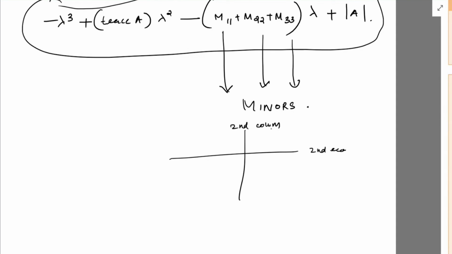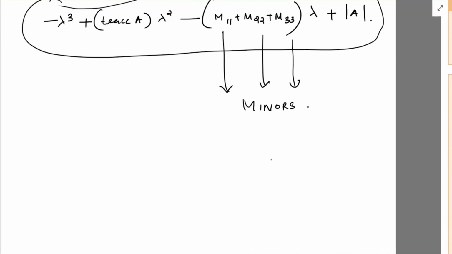Similarly, M33: delete the third row and third column from the given matrix and take the determinant of the remaining elements. That will give you M33.